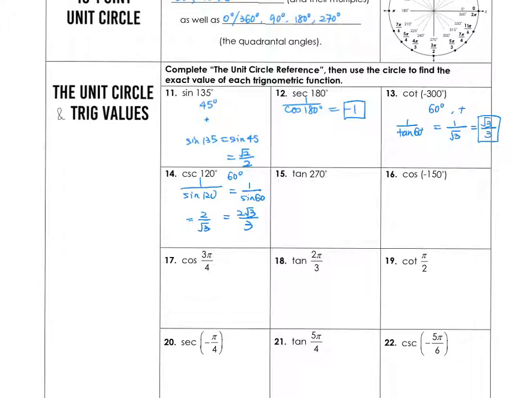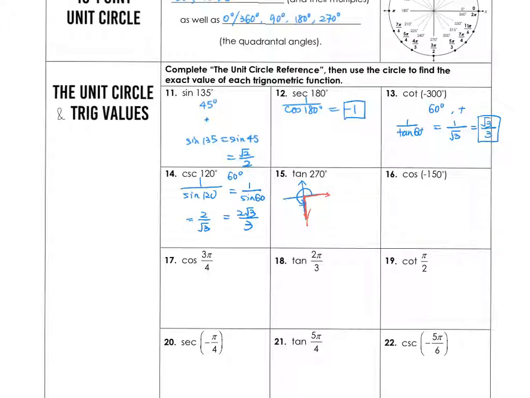Tangent 270. Be careful with this one. This is a quadrantal angle. So think about it. 270 is, let me change the color, right here. That's where the terminal side ends, right? It starts from the x-axis and it ends at 270.